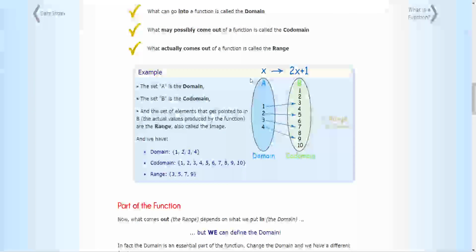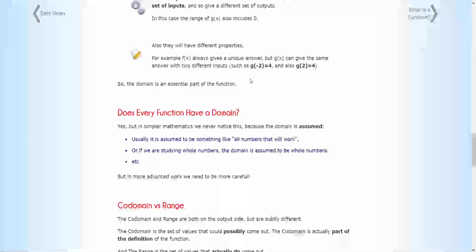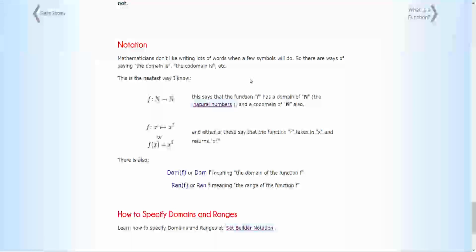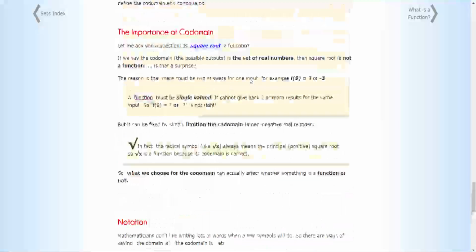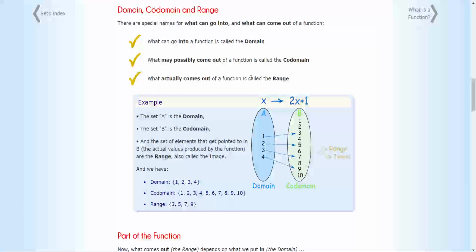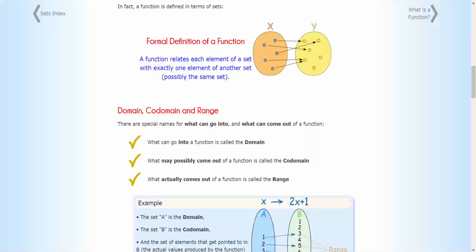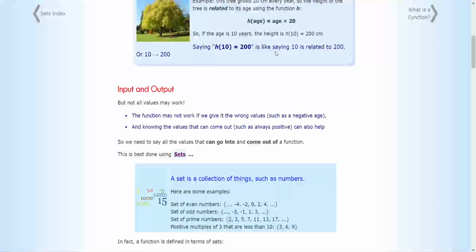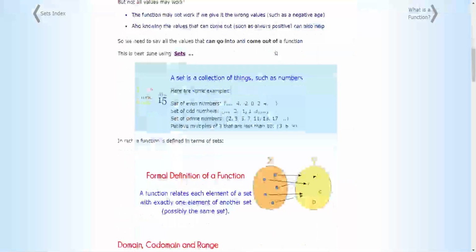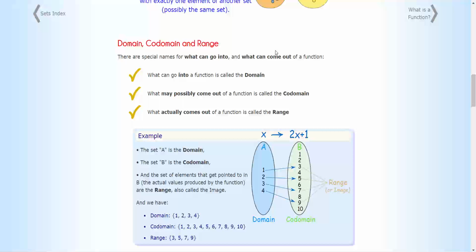We've already gone through the domains. This is quite interesting. I don't think we've covered all of this, domains and the range, but I think we've covered most of it.